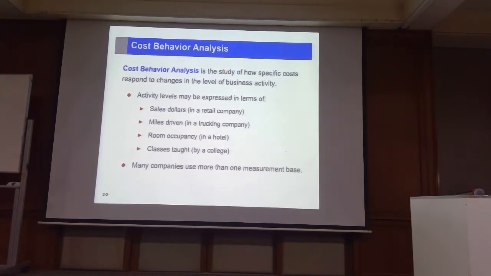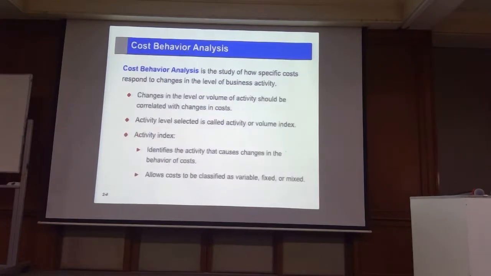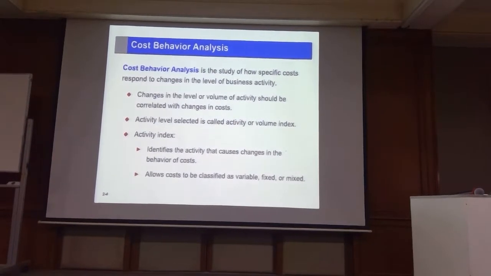As you can see, after you set up the business activities, you can analyze the cost with the change in that activity. After you set up the level of business activity, you may analyze what happened after that, right? We can call the level of business activity the activity index or volume index.